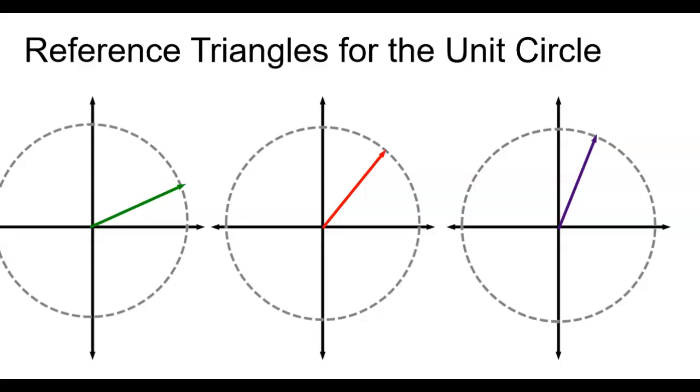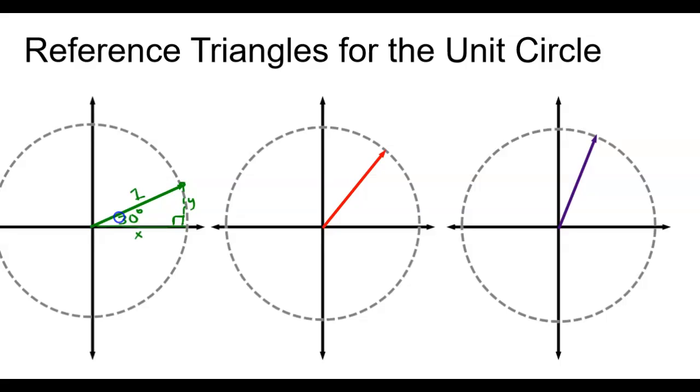So let's say this is the 30-degree angle right here, and so it's been rotated 30 degrees. Here's the location that we're looking for, and we're looking for the x-coordinate and the y-coordinate. Anytime we do that, remember we're just going to draw this reference triangle. We're going to have our x-coordinate here and our y-coordinate here, and we know that this is a radius of 1. Well, remember the 30-60-90 special right triangle says that the side across from the 30-degree angle is half the size.